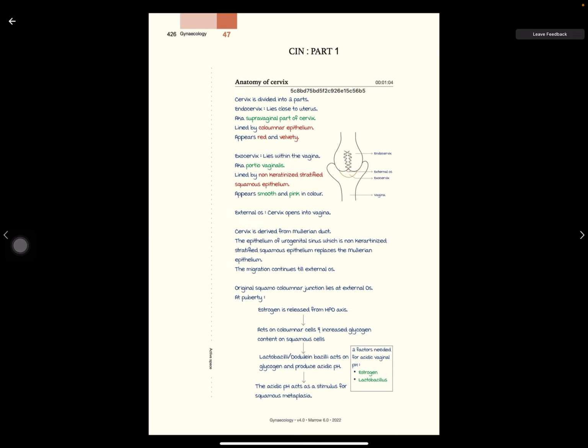The endocervix lies close to the uterus. It's lined by columnar epithelium. It's derived from the Mullerian duct. It's red and velvety. This much you need to remember.